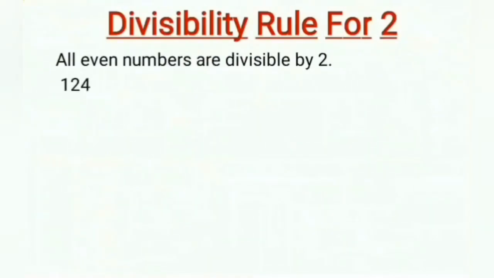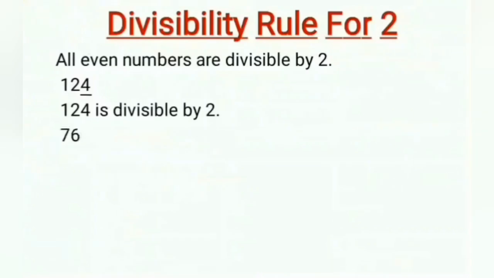Let's see an example. 124 ends in 4, which is an even number, so 124 is divisible by 2. Another example is 76, which ends in 6, so 76 is also divisible by 2.